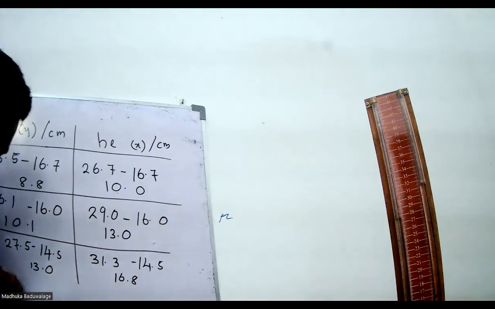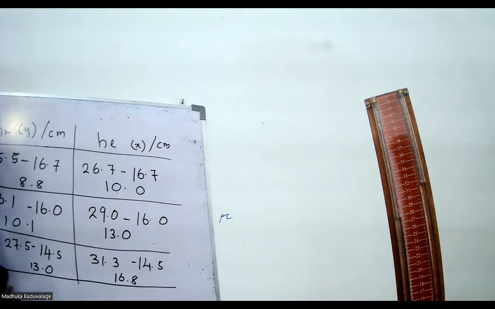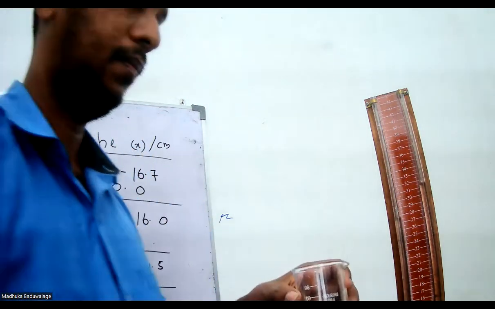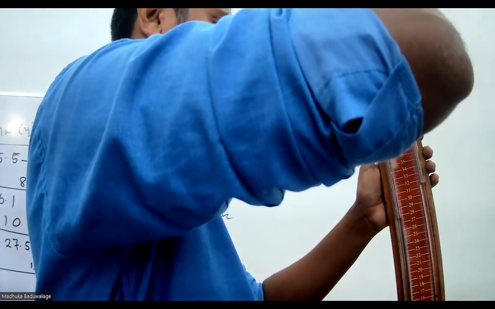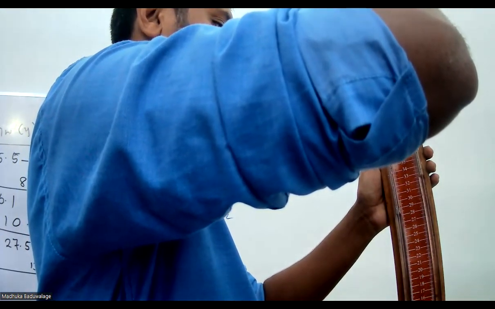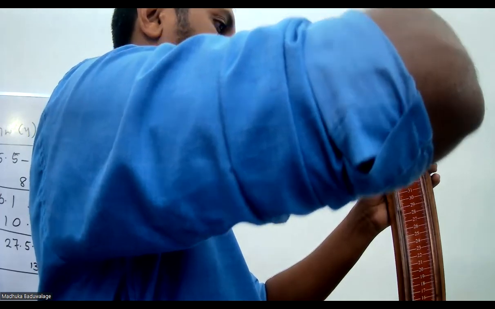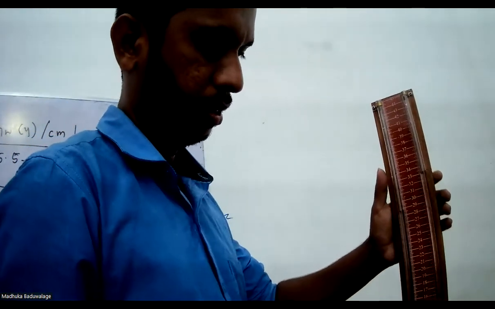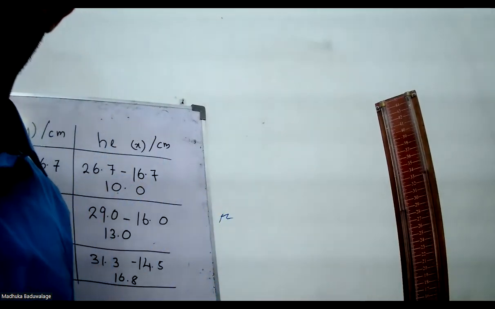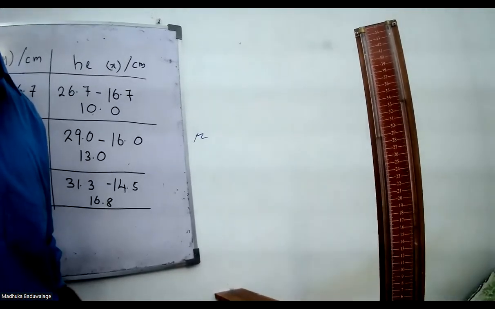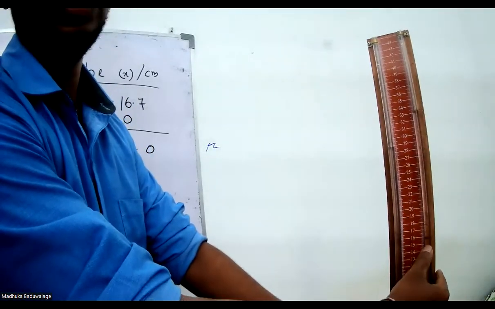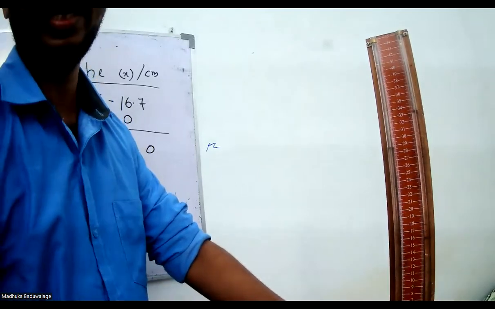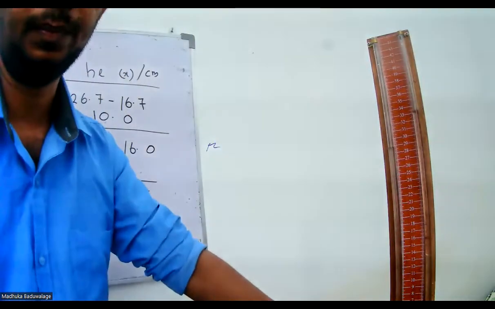Now I am going to get the fourth reading. The new common interface is here. This is the new position of the common interface. The new position is 13.5.